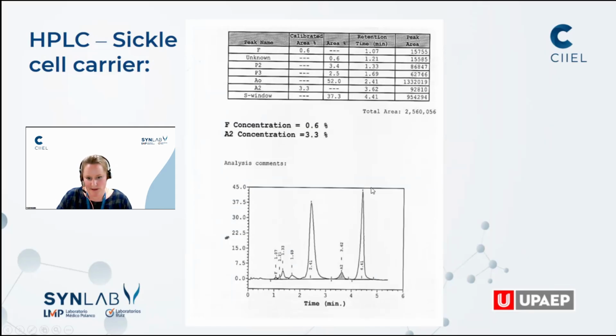This slightly sharper peak here represents your hemoglobin S, and then you've still got your A2 and your hemoglobin F. So this is really just a classic example of a sickle cell carrier. I haven't got examples of the other hemoglobin variants, but each of the hemoglobin variants will have a characteristic retention time. So what you would see is the non-hemoglobin A peak moving around with different variants.